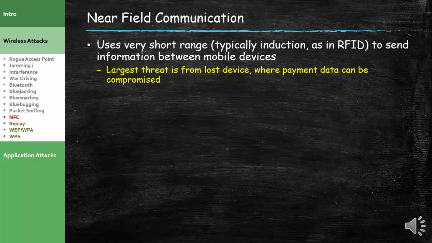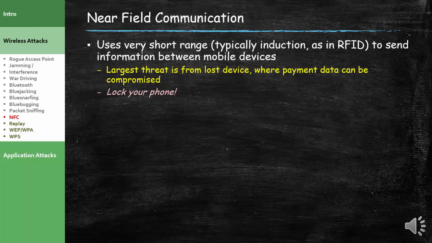And some people don't lock their phone. The baked-in locking on the iPhone, well, not anymore, but it used to be on the iPhone and the Android, was just a swipe to unlock the phone. So if you lost your phone, anybody could just swipe it. So to thwart this type of attack, make sure you lock your phone if you do use something like NFC.